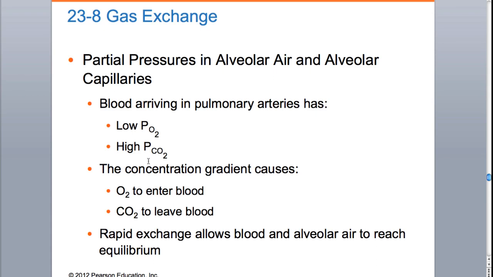So if we went back and did the math for the partial pressure of carbon dioxide at sea level, it would be much lower in the air than it is in your blood. Again, what does that say? Is that a driving force that says carbon dioxide is going to want to go from my blood to the alveoli and then from the alveoli to the outside air?